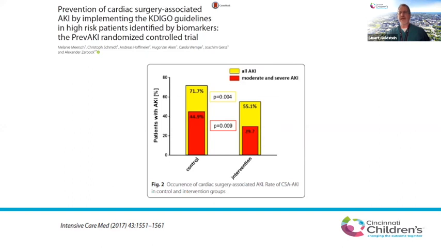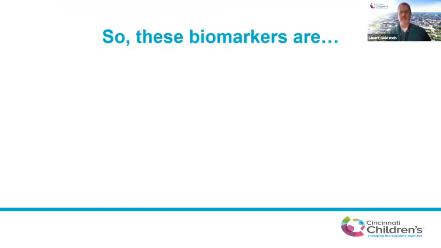Whereas patients who had the intervention had reduced all AKI to about half and to about a third of patients having moderate to severe AKI. So this is the first study that demonstrated a biomarker-directed strategy could improve outcomes.